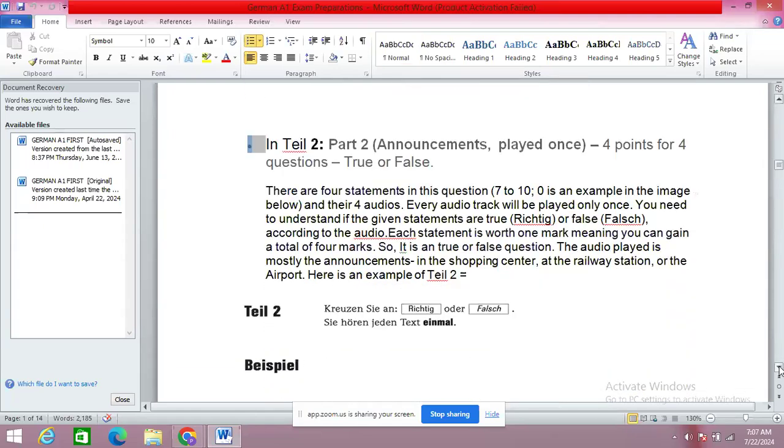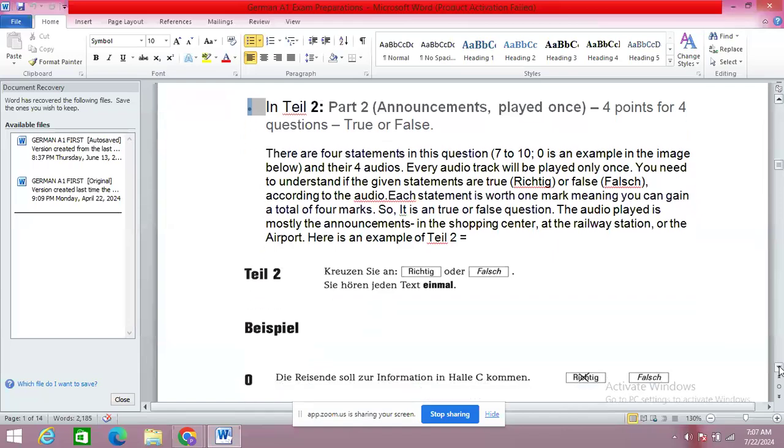Then in Teil 2, meaning question number 2, there are usually some announcements. The audio here is mostly played in a shopping center, at a railway station, or at the airport. Here our audio is going to be played only one time. Only one time we will get a chance to listen to that audio track.